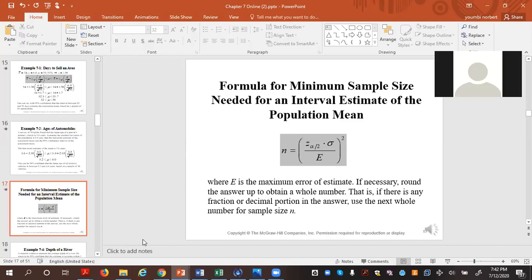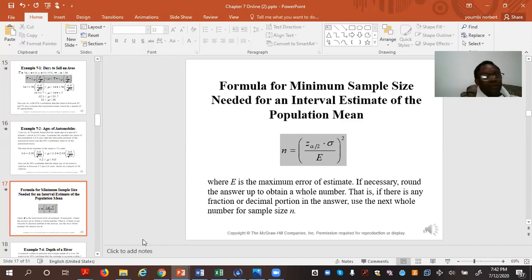Okay. Then divide what you get by 10. Why 10? Because the margin of error E is 10. Oh, okay. And we're looking for n, so we don't know what n is.